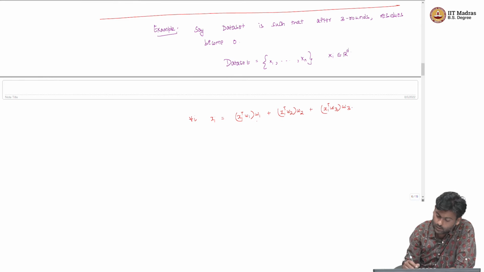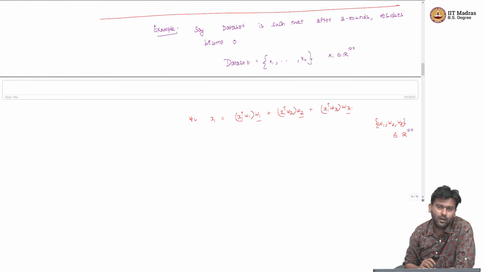Now, where are these w1, w2, w3? Well, w1, w2, w3 are the lines that we find for our data set. So, let us say this is 100 for the moment to give some numbers. Let us say the data set is in 100 dimensions. So, all these 3, w1, w2, w3, are in 100 dimensions.